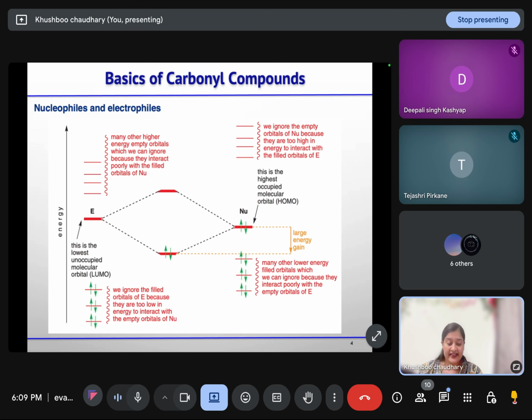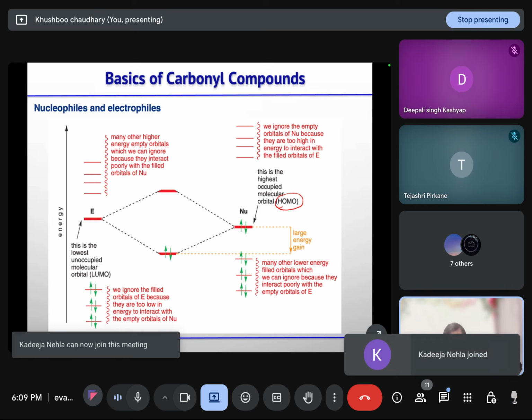For the nucleophile and electrophile to attack each other, what are the important orbitals that we have to keep in mind? For the nucleophile to attack, we will consider its HOMO, the highest occupied molecular orbital. The nucleophile is providing electrons to attack the electrophile. The nucleophile has many filled orbitals, and whichever orbital is of highest energy is needed for the attack.